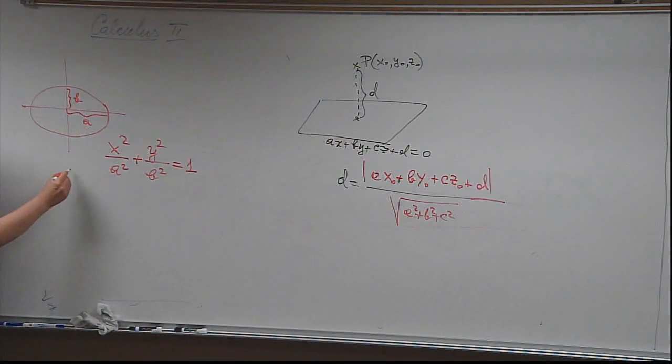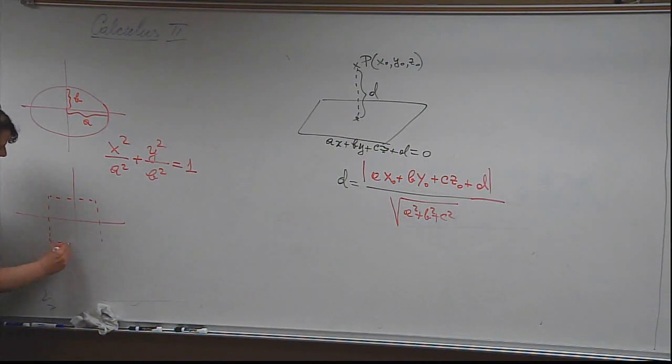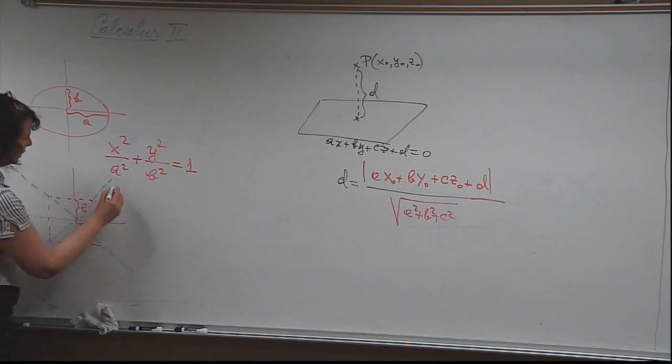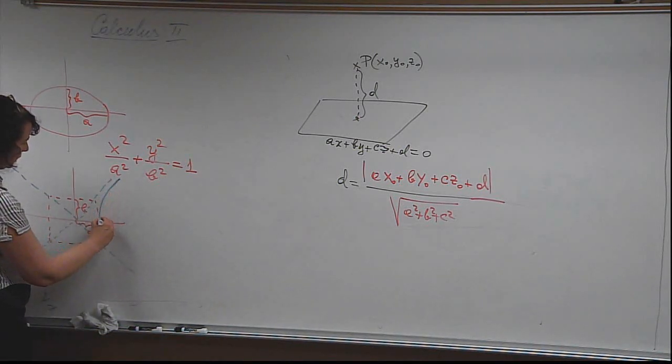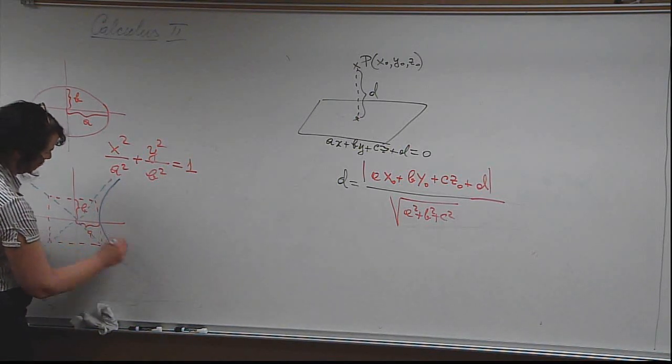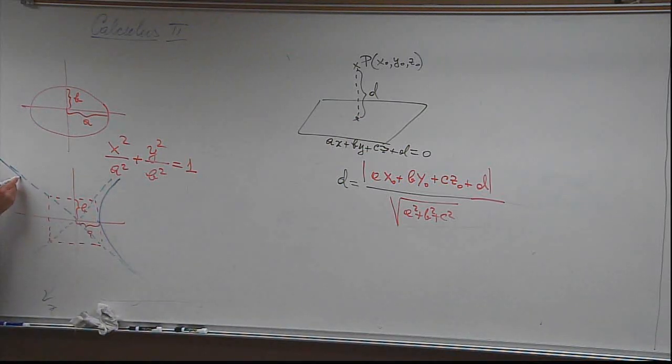Excellent. And what if I draw a rectangle with these semi-axes a and b, and I draw the diagonals, and I draw a branch that is touching, tangent to it at this point, and is asymptotic to the blue asymptotes.